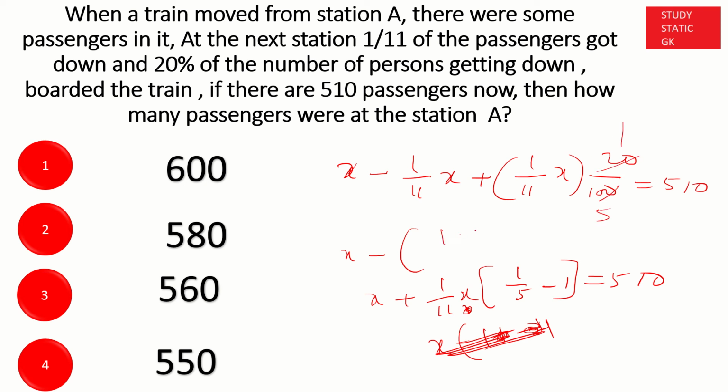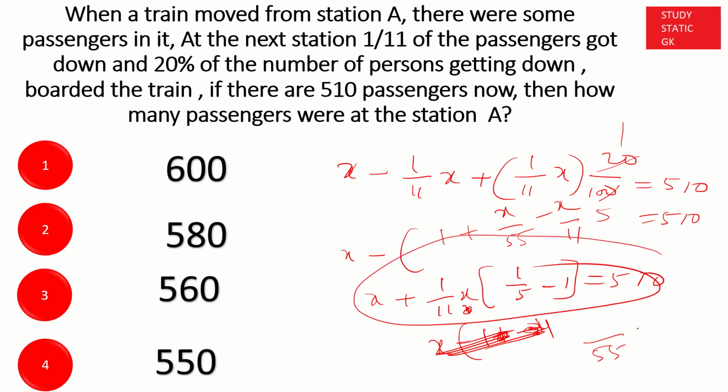Right? x plus x by 55 minus x by 11 is equal to 510, right? So 55 is the LCM, then x minus 5x is equal to 509.